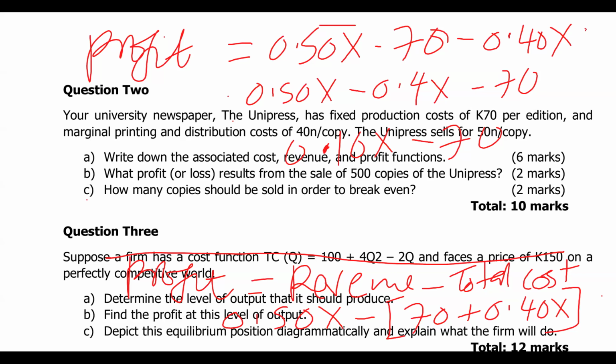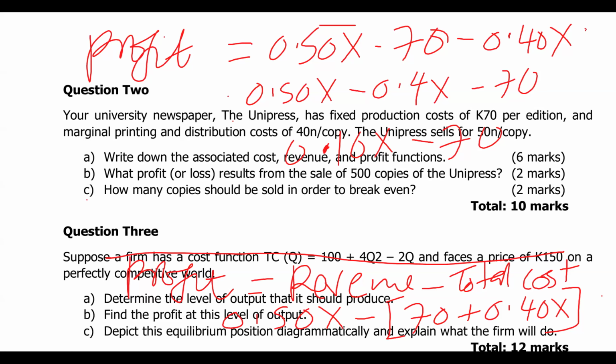Revenue minus the total cost. And the total cost was found by adding together the variable and the fixed cost. They were put together. Right. So it is 10x minus 70.